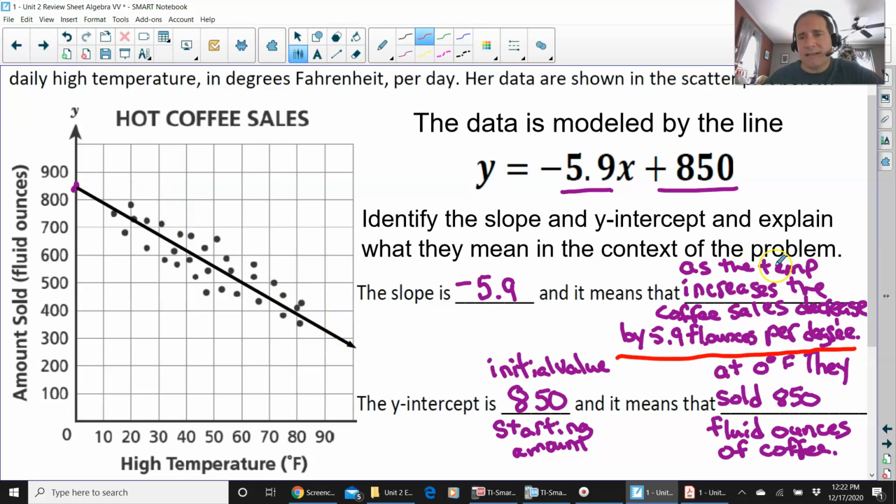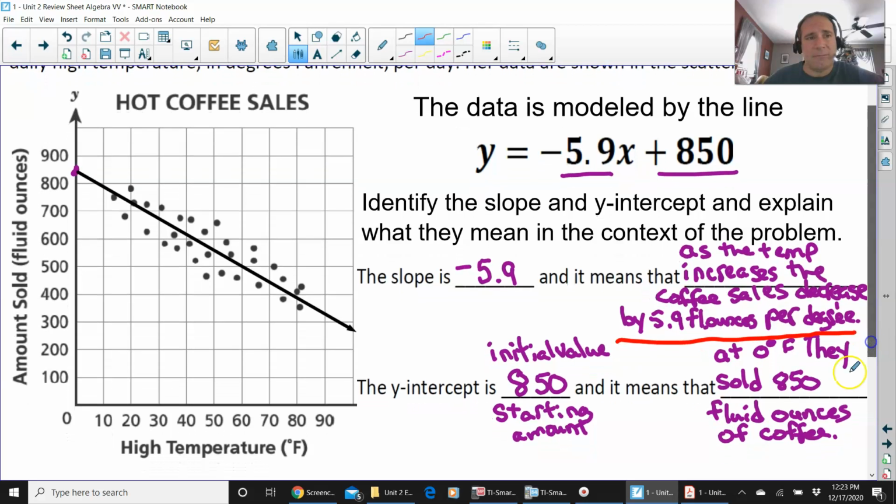As the temperature increases, the coffee sales decrease by 5.9 fluid ounces per degree. And that is number 2.